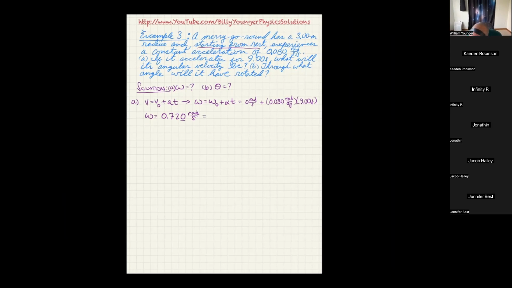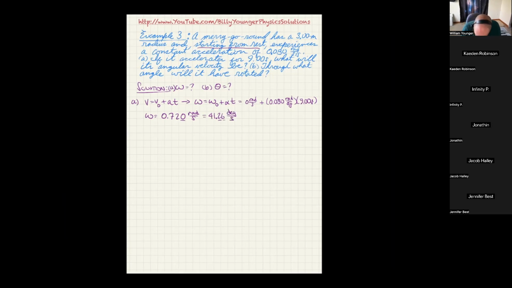If I divide 0.72 by pi, 3.14159, that gives me 0.229. Now I've got to multiply it by 180, which gives me 41.26 degrees per second.